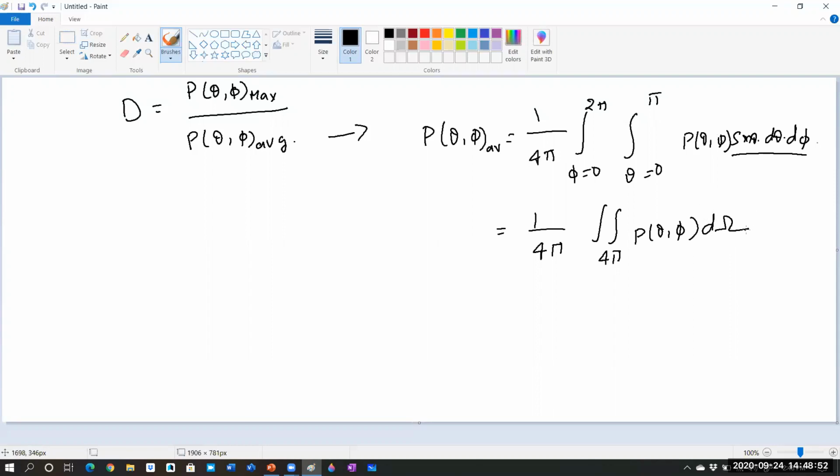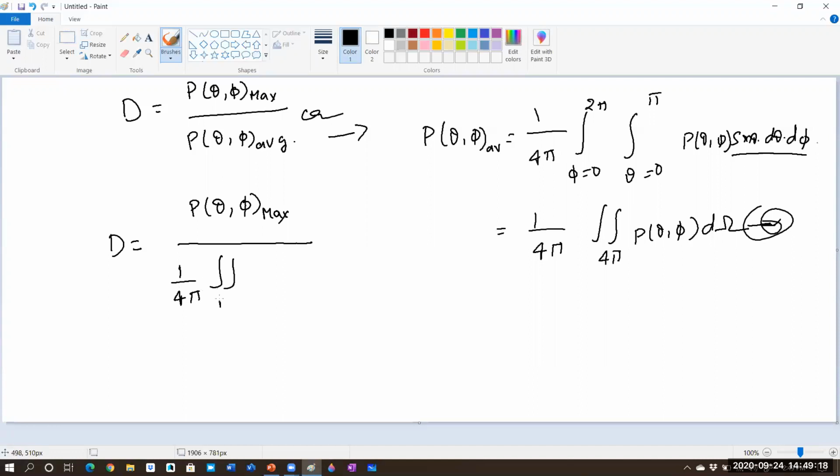Therefore you please substitute this value in this equation. We get directivity D equal to, right, P of theta comma phi max by 1 by 4 pi double integral of P of theta comma phi d omega, right?